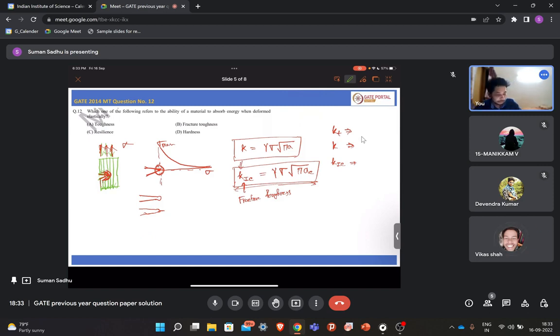So it is basically known as fracture toughness, because at this point your material is getting fractured, right? And what is K? Stress intensity factor. And what is KT?